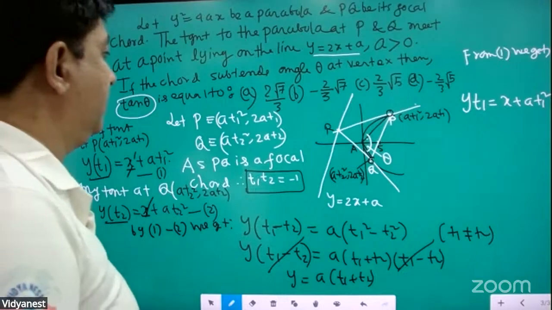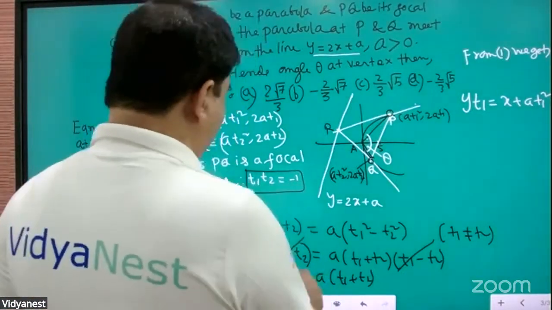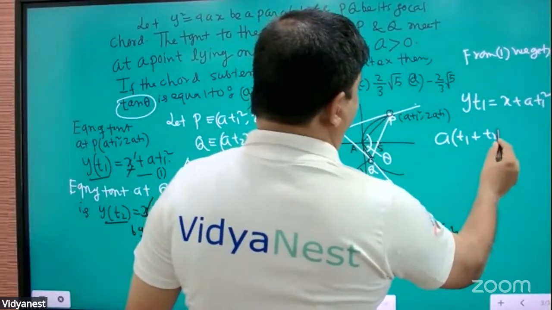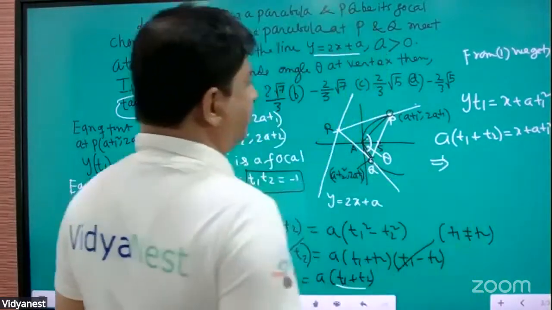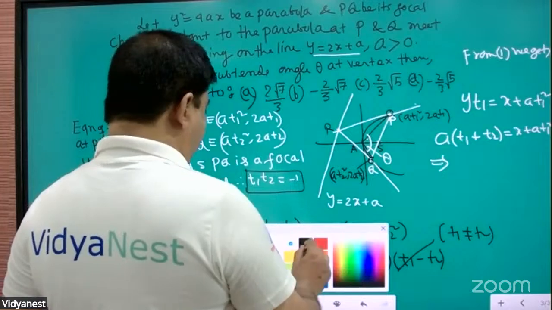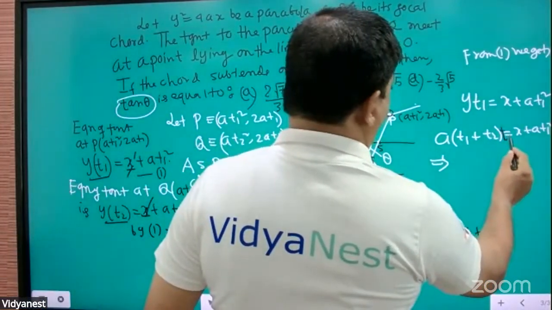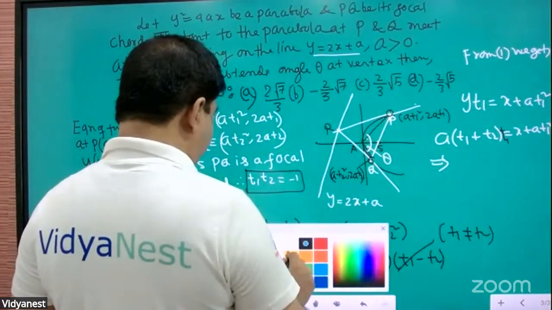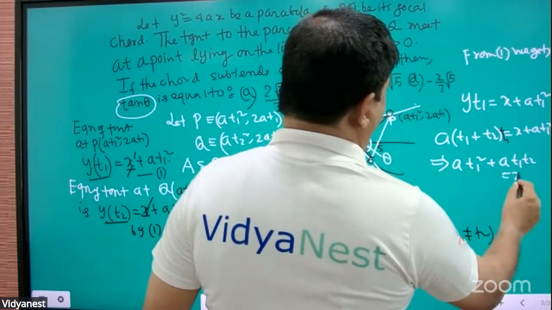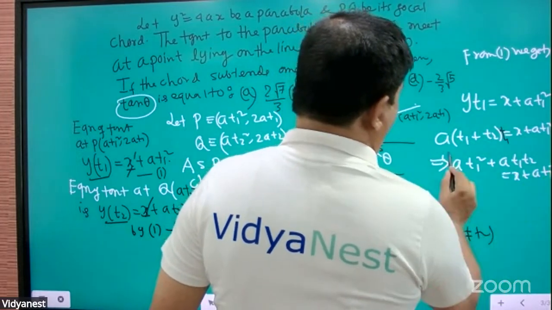Now in place of y you put this value, a (t1 plus t2), so a t1 square plus a t1 t2 is equal to x plus a t1 square.